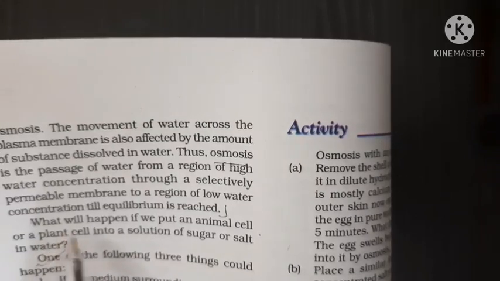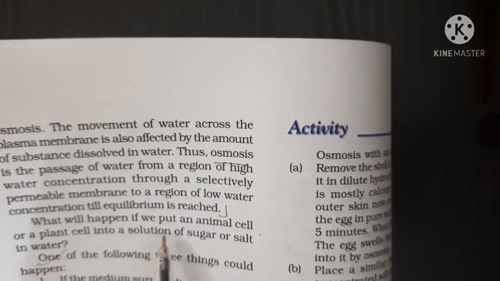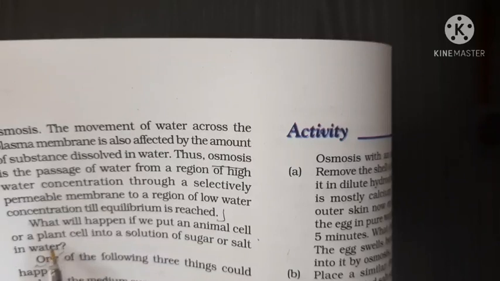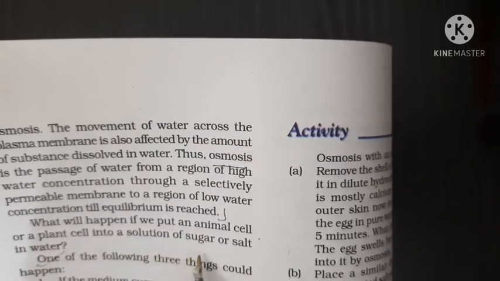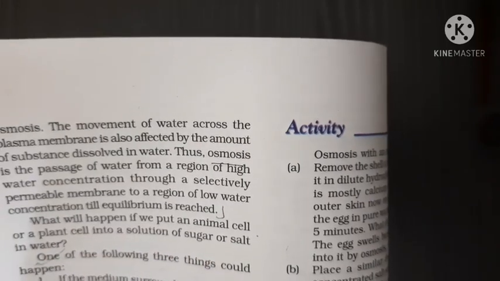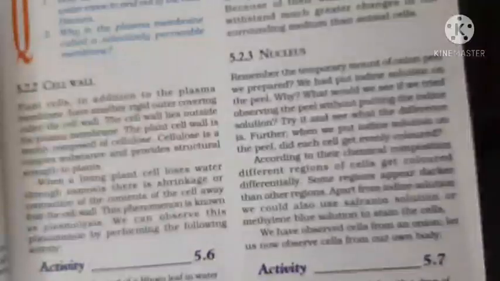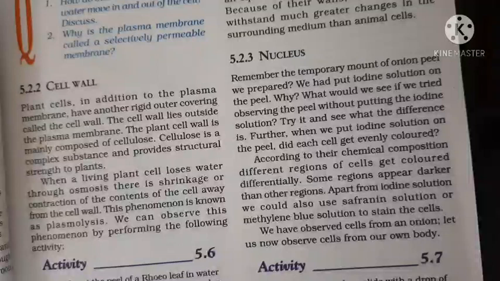Now students, what will happen if we put an animal cell or a plant cell into a solution of sugar or salt in water? Any one among three things can happen. I will explain that.